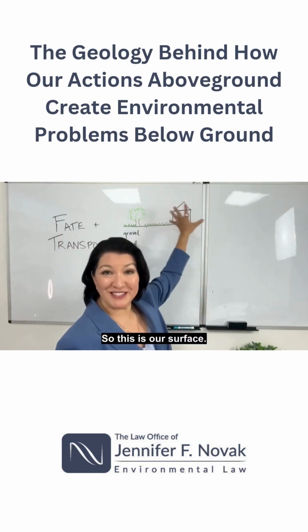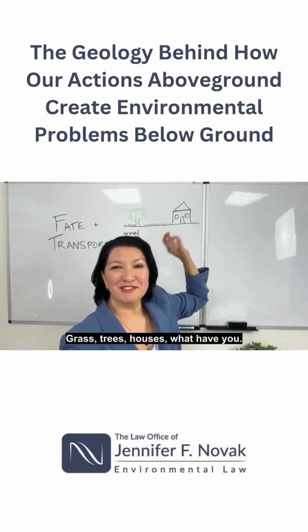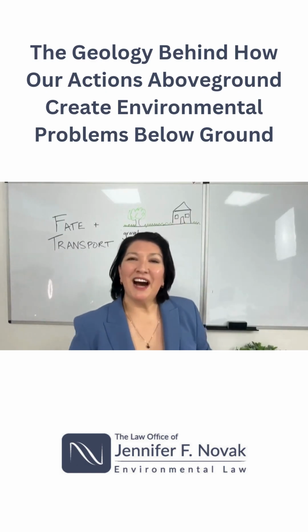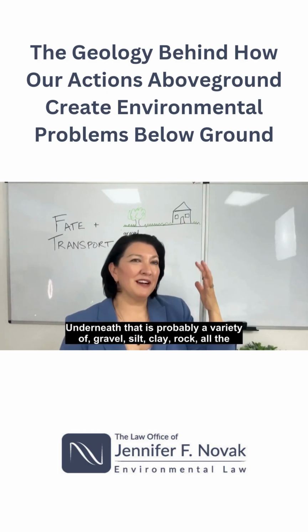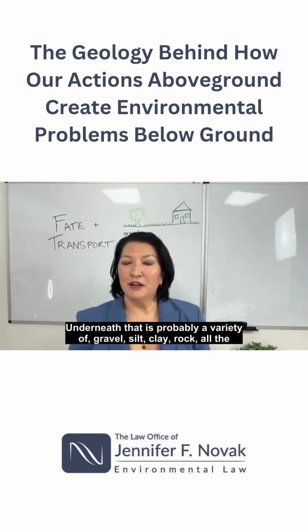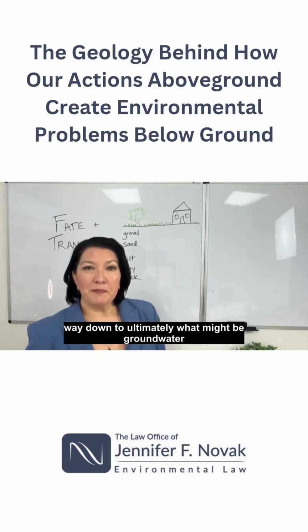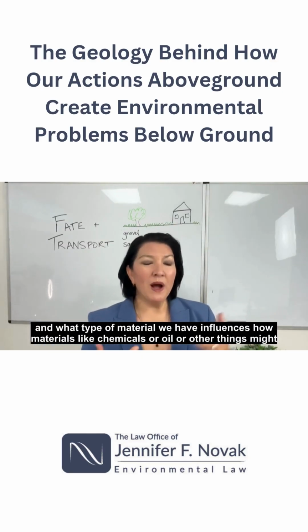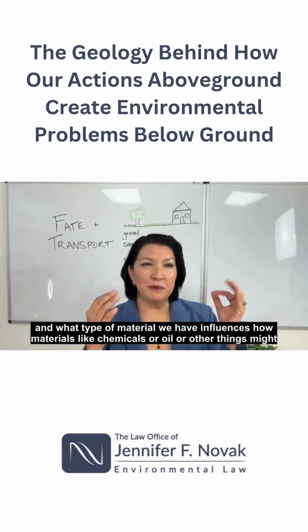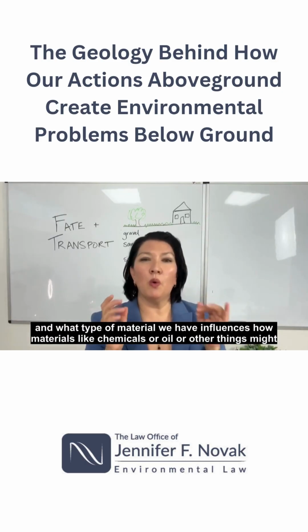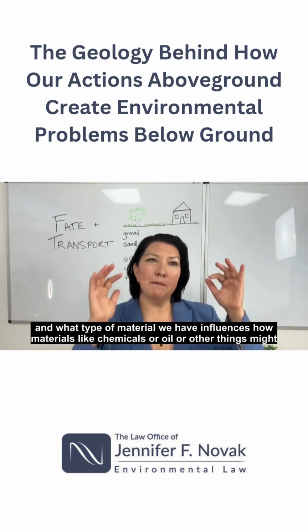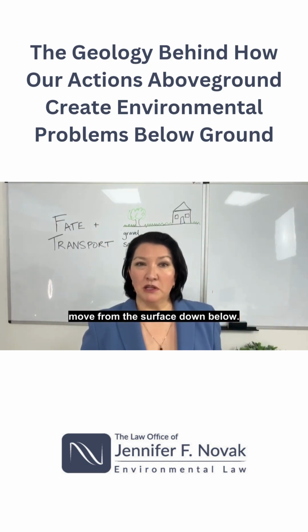So this is our surface, grass, trees, houses, what have you. Underneath that is probably a variety of gravel, silt, clay, rock, all the way down to ultimately what might be groundwater. And what type of material we have influences how materials like chemicals or oil or other things might move from the surface down below.